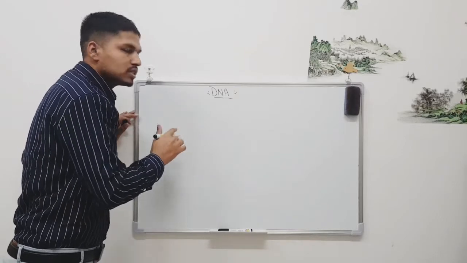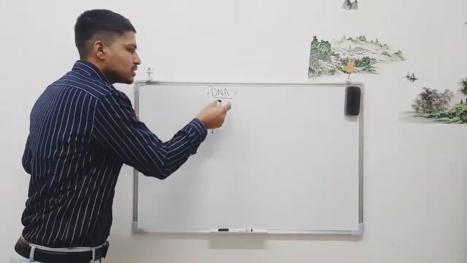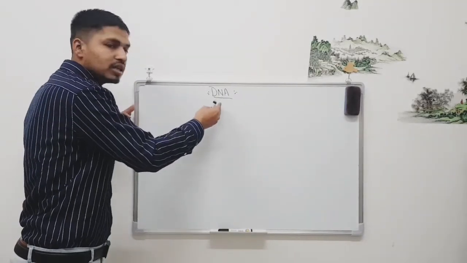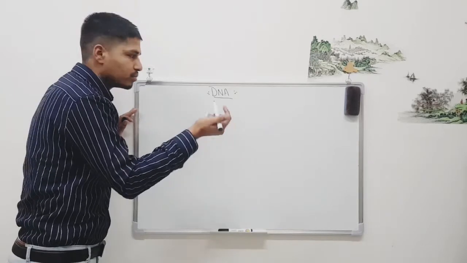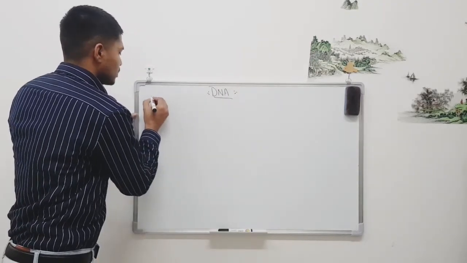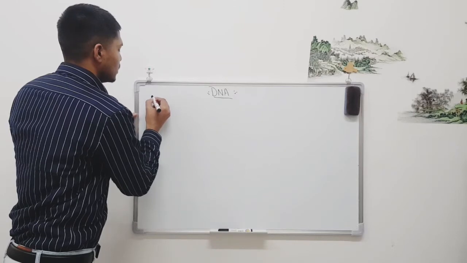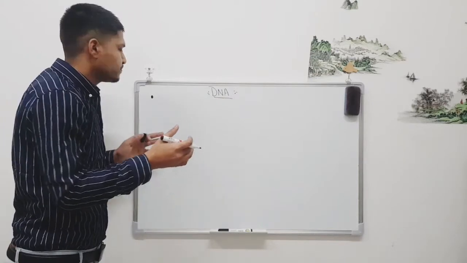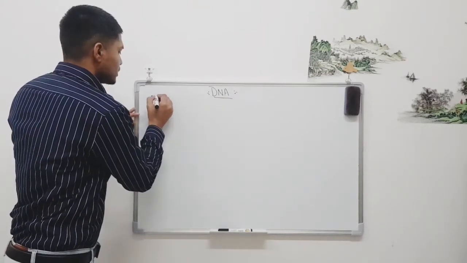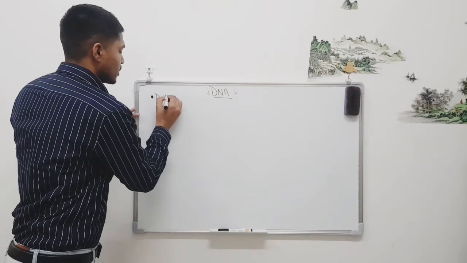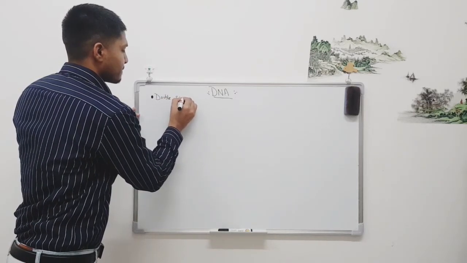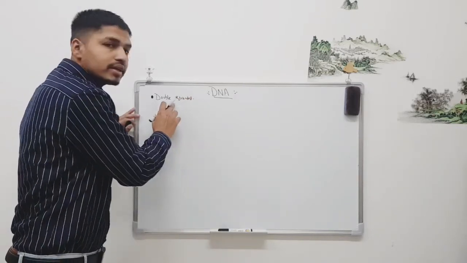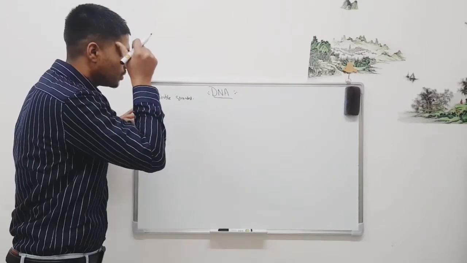Okay, so first I will explain some basic characteristics of the DNA molecule, and then I will help you understand it from its structure. DNA is basically a double-stranded molecule. What do I mean by double-stranded?